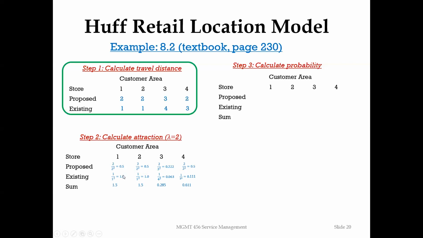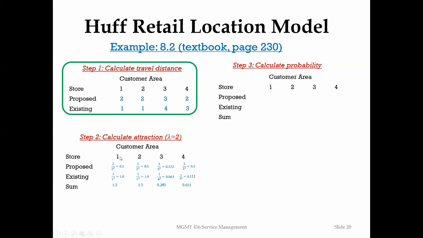If you think about step 2, we calculated the attraction of the 2 stores. If the value of attraction is larger, that means this store is more attractive for the people who live in that area. So the larger attraction means larger purchasing probability.